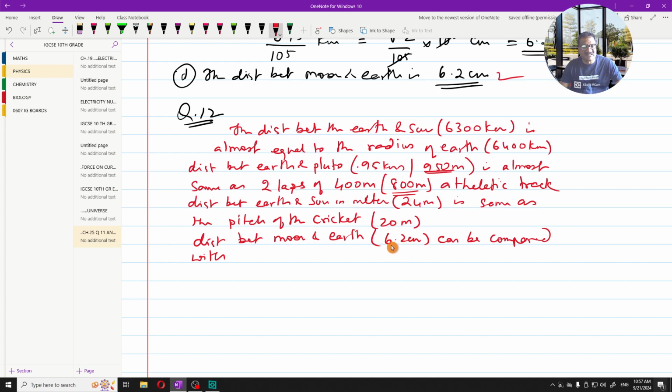So if you consider this as 6 centimeters, rounding, it will be 3 times. So this distance between the moon and the earth can be compared with 3 times the length of the pencil.